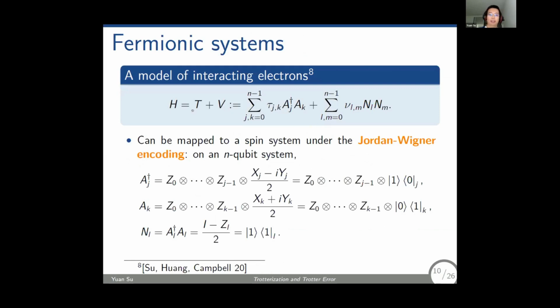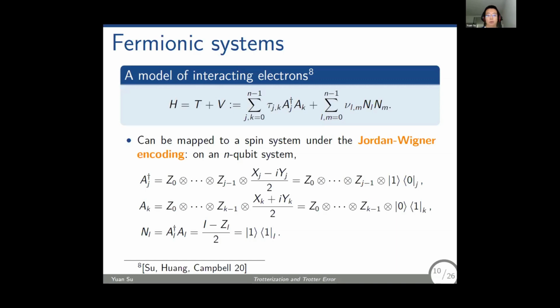In this case, you have a Hamiltonian which is decomposed into two parts: this T operator and this V operator. The T part is further given as a linear combination of terms with a creation operator and an annihilation operator. And the V part is further given as a linear combination of occupation number operators.